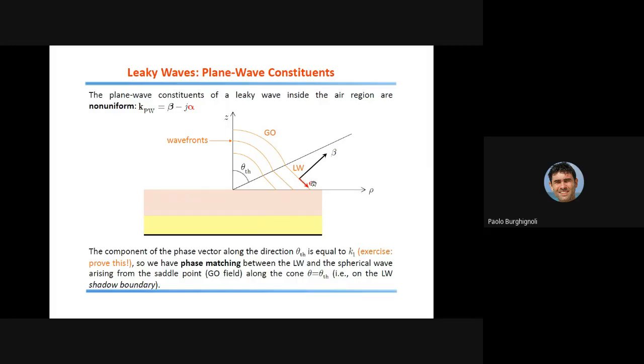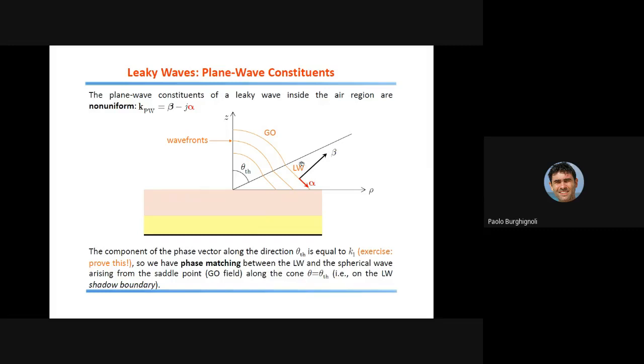If alpha is a small quantity, this angle is very close to the threshold value. However, the two angles are not exactly the same. So you can see in this figure, I have exaggerated the fact that the vector beta is not parallel to the threshold line at the angle theta threshold, okay?